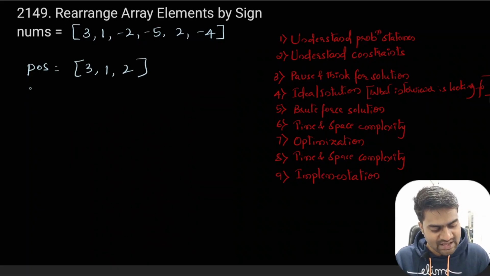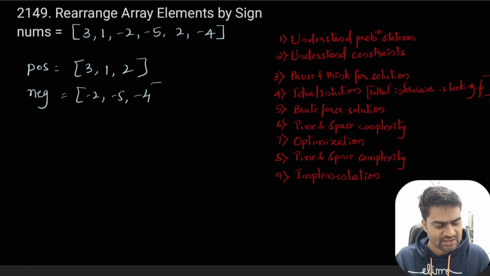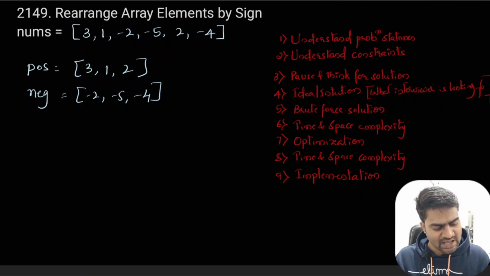Then I will take the negative numbers, which will be -2, -5, -4. I am taking them in the same order that they appear in the main array. Now what I will do is take a result array.